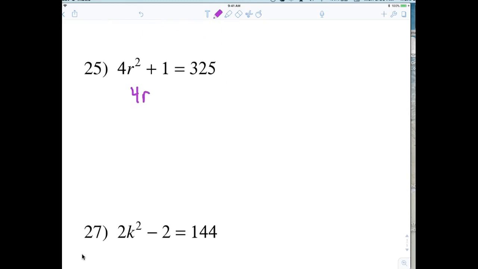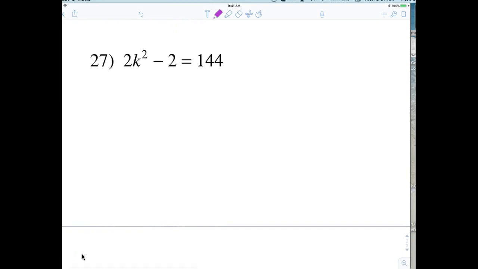So 4r squared equals, so r squared is equal to, so r equals plus or minus 9. Two k squared equals, so k squared equals 73. Good. So k is equal to plus or minus the square root of 73. Okay?